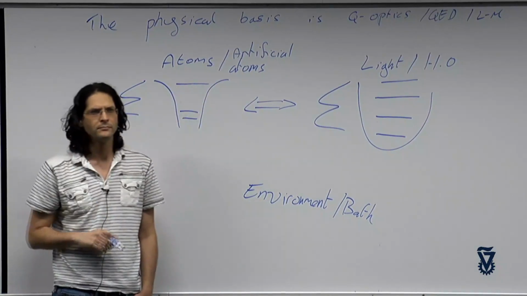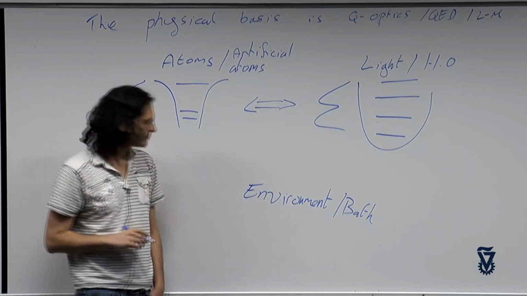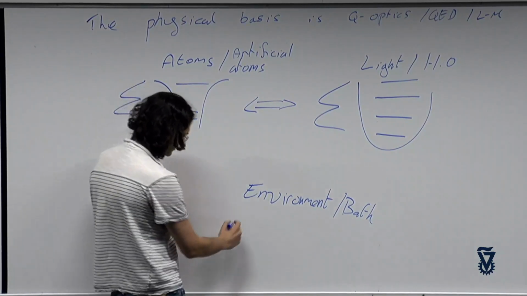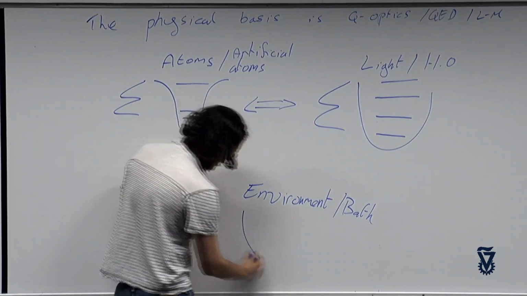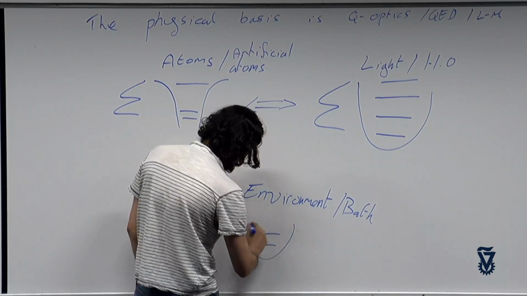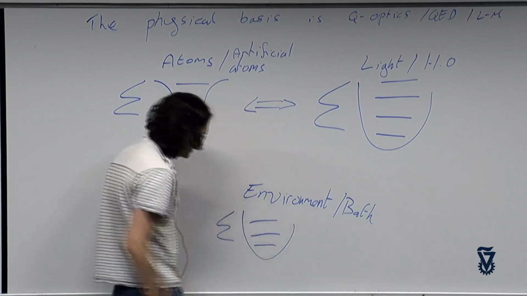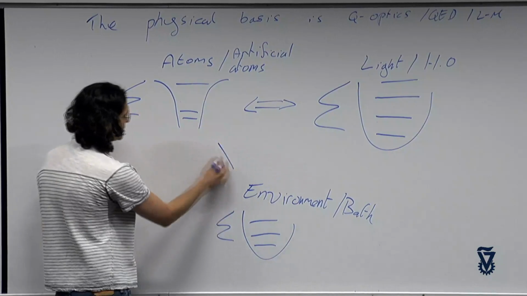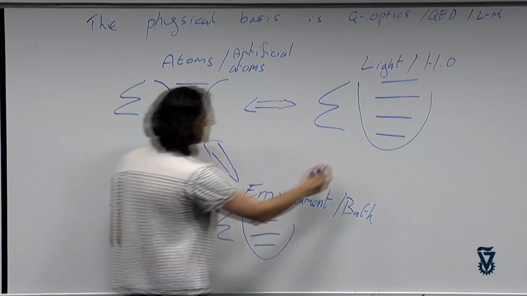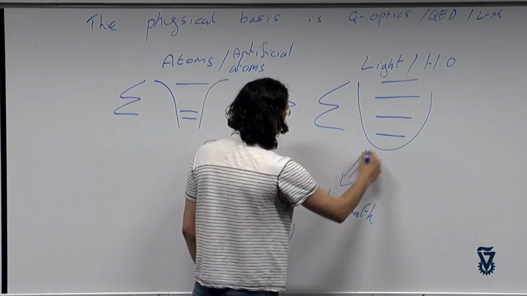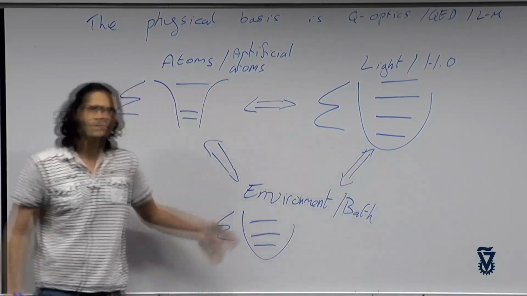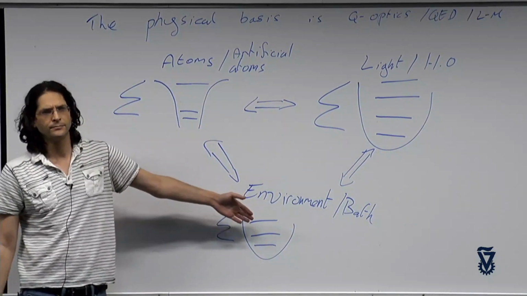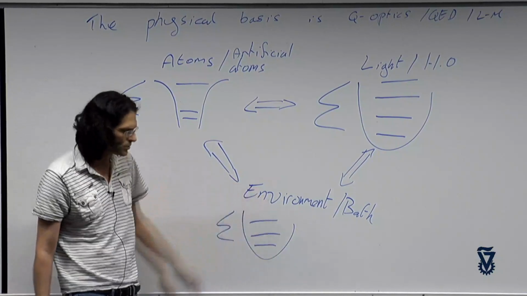Anyone? No one? The environment is also going to be a collection of harmonic oscillators. And we're going to have some interaction with this, and the environment in general is going to be causing dissipation, things like that, but the environment is also us. So we want to measure a system, we're also the environment.